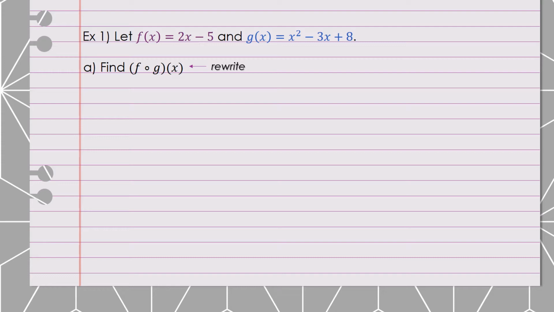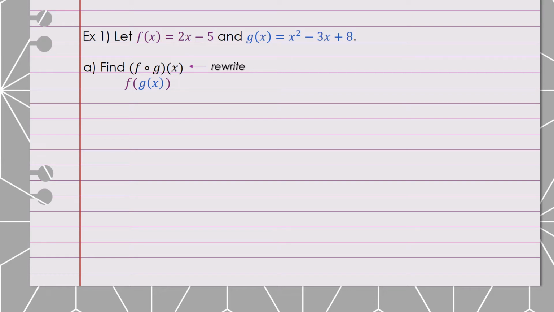And so it would look like this. When we read the problem from left to right, what is the first function we see? Well, it's the f function. And then as we look on the inside, what function do we see? G of x. So what we do is we start on the inside.